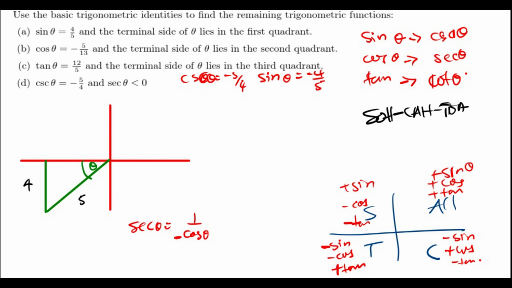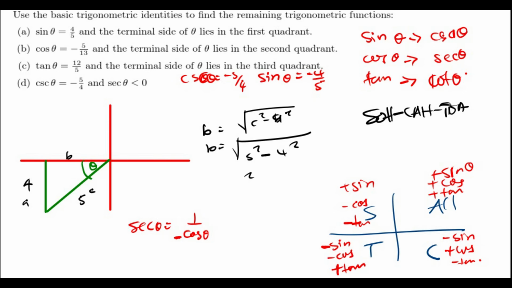So meaning that if this is A, this is B, and this is C, it will be B is equal to the square root of C squared minus A squared. So B will be equal to the square root of, what is C? C is 5 squared minus 4 squared. So it's 25. The square root of 25 minus 16, that gives me 9. Square root of 9, therefore B is 3. So this is 3.